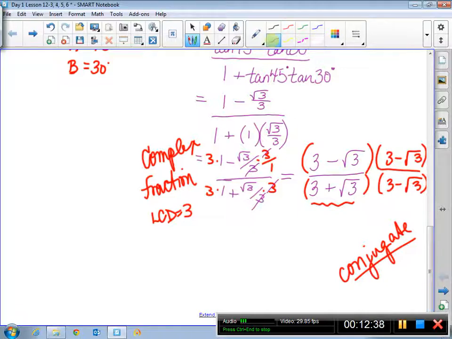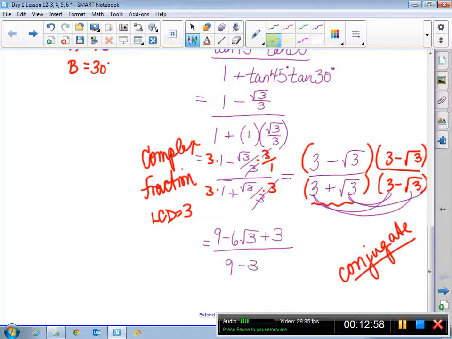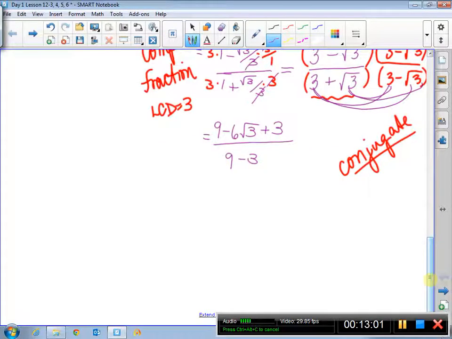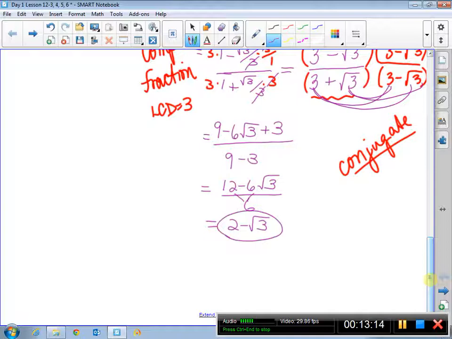And that gives us, we have to do a lot of foiling here, 9 minus 3 radical 3 minus 3 radical 3 plus 3, all over 9 minus 3. These drop out, remember. So we end up with 12 minus 6 radical 3, all over 6, which then reduces. It's the never-ending problem: 2 minus the square root of 3.